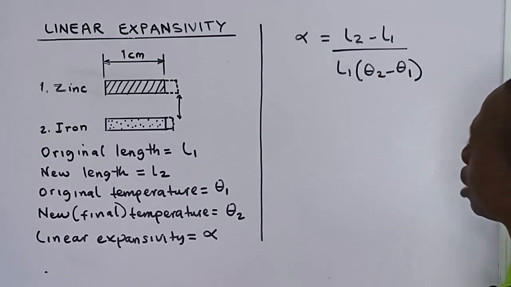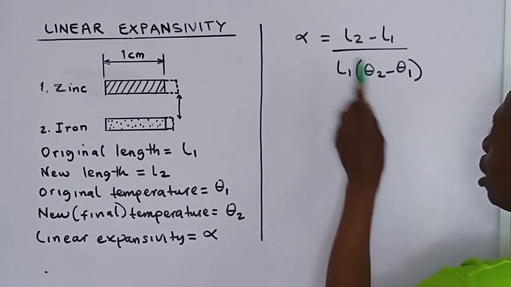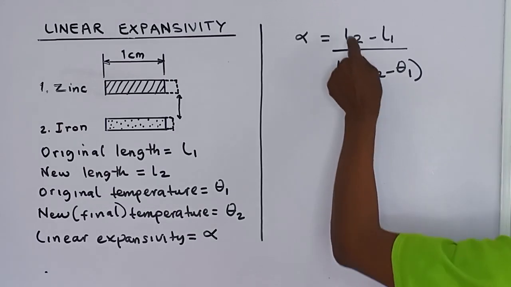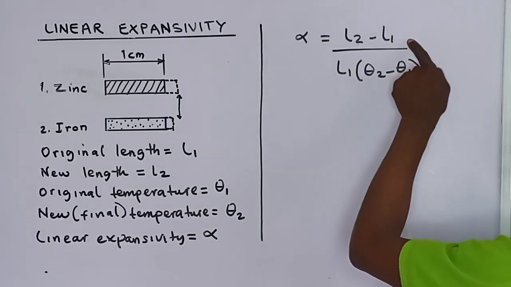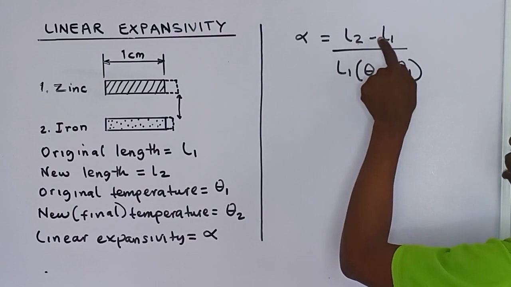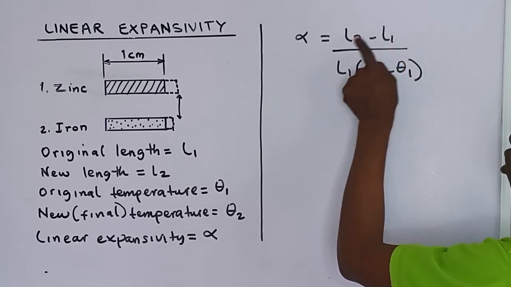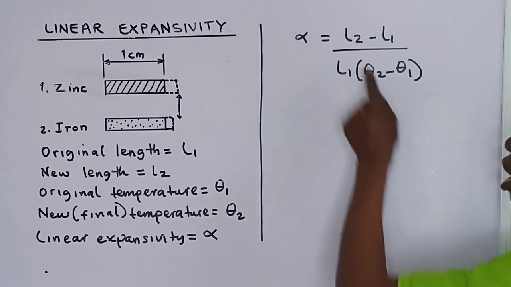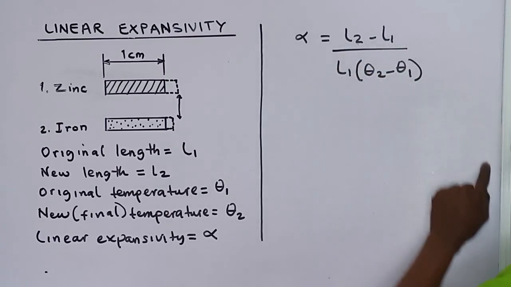In other words, the linear expansivity of any given material is the increase in length. When you subtract original length from the new length, we have what we call the increase in length. That is L2 minus L1.